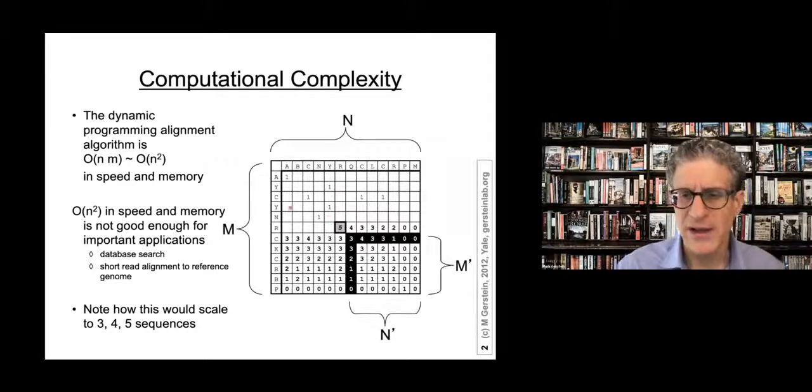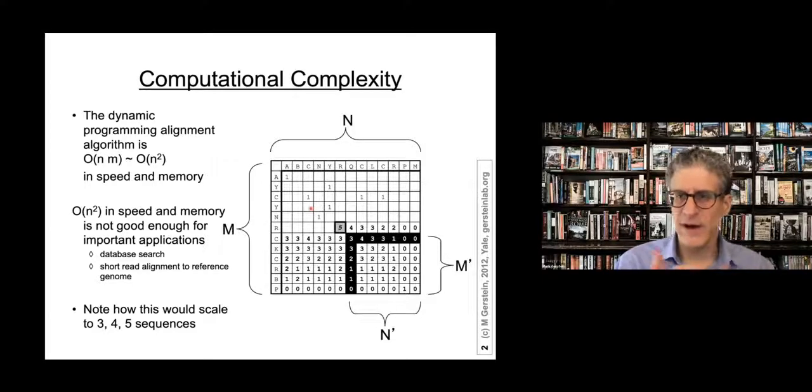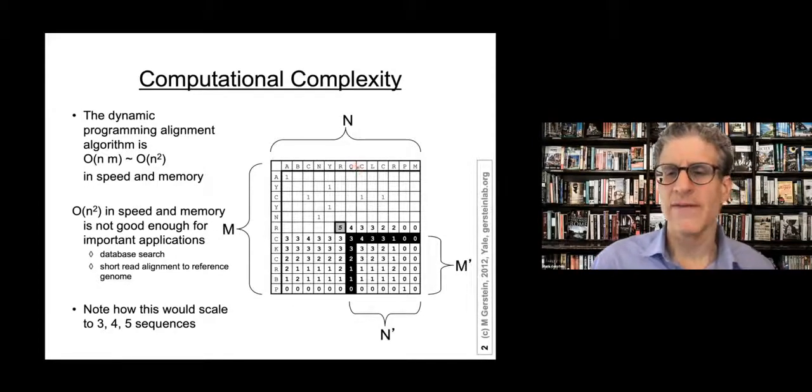So actually, the complexity of this, as I've drawn it, is n cubed, okay? So it's going to scale with the length of the sequences roughly cubically. So if you double the length of your input sequences, you're going to go up by a factor of 8 and stuff like that.